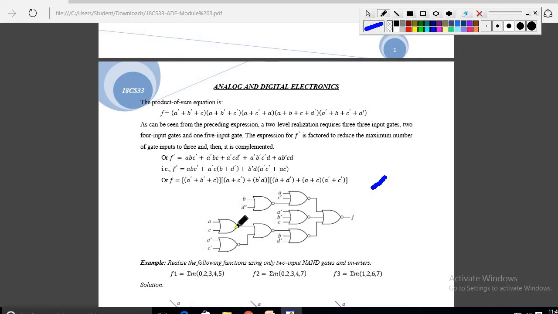So A plus C is the output of this NOR gate, and the output of this NOR gate will be A bar plus C bar. Okay, so the outputs of these two NOR gates I am giving to the input of this NOR gate. So the third input of this 3 input NOR gate is A plus C into A bar plus C bar, plus B plus D bar.